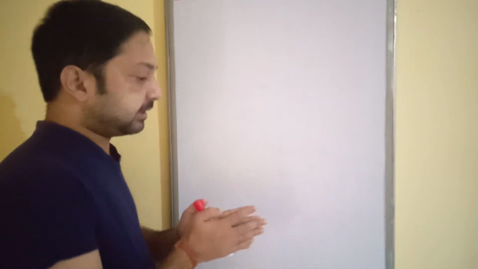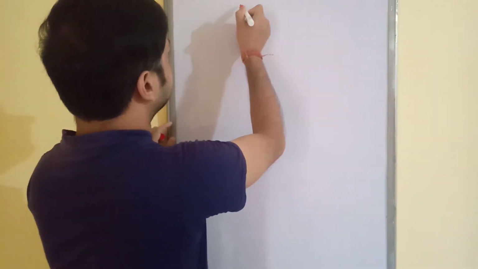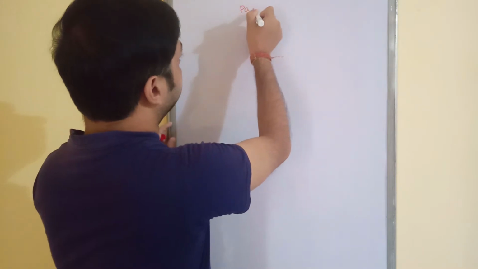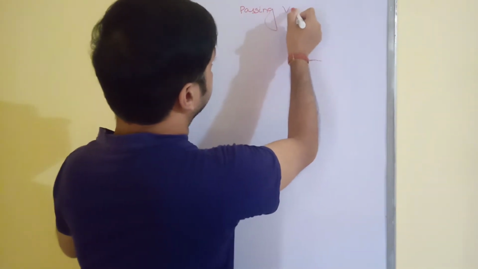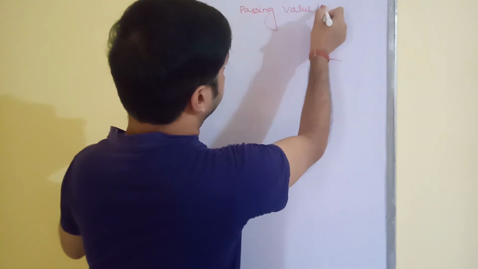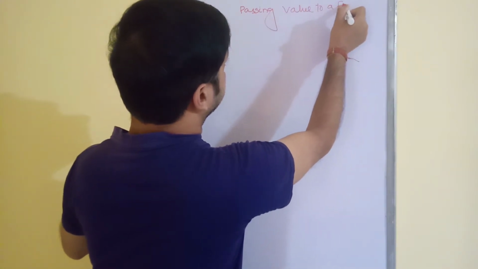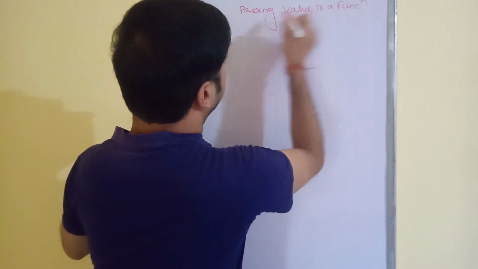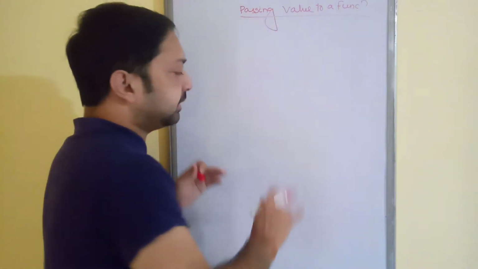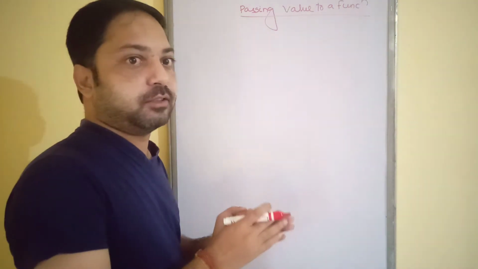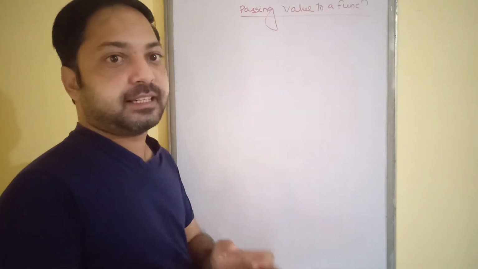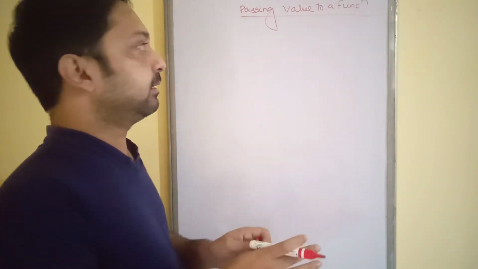So first let us try to know what is passing value to a function. Passing value to a function means simply you are passing some values to a function, and those values are otherwise known as your argument or parameter. Right?